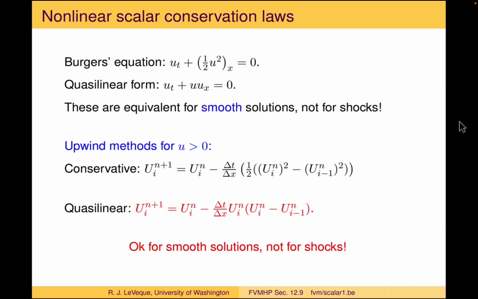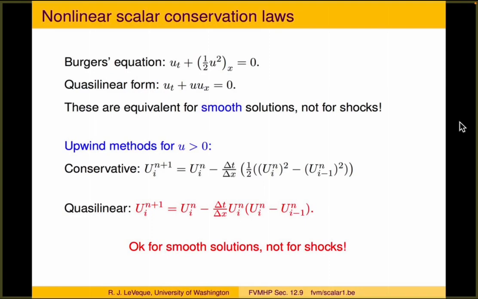If we know that u is positive, so that information flows from left to right, one way would be a conservative method where we look at the flux 1/2 u squared. The flux at the left edge of the cell would be 1/2 u_{i-1} squared, and the flux at the right edge would be 1/2 u_i squared, and we'd end up with this flux difference.